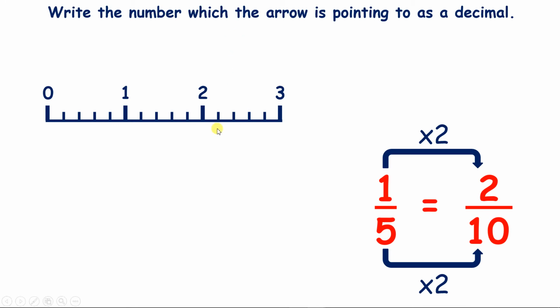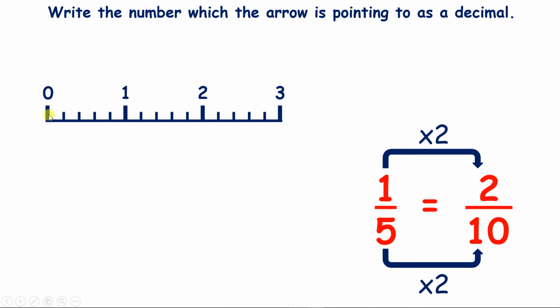To make sure we've understood this number line, let's count along in decimal steps. So because there are 5 lines to get from 0 to 1, we know that each of those lines is a fifth, and we know that a fifth is 0.2 because we can make the equivalent fraction of 2/10.